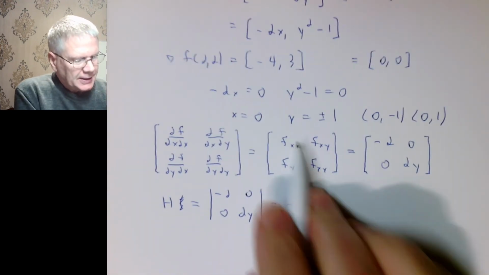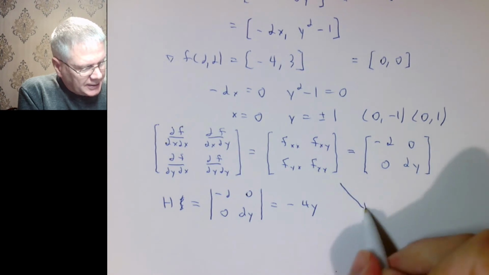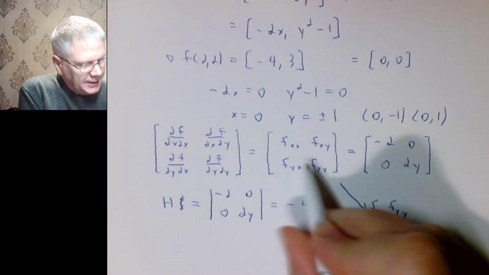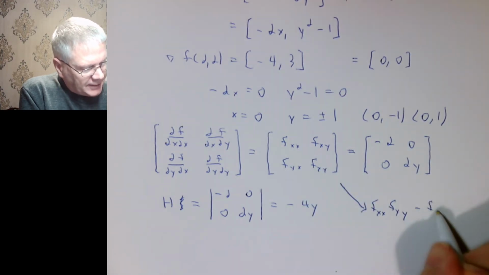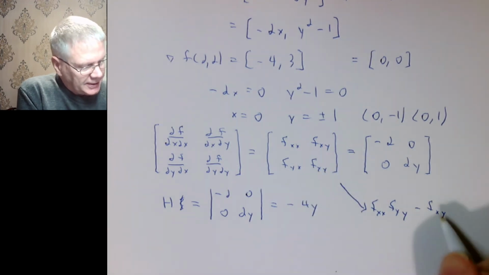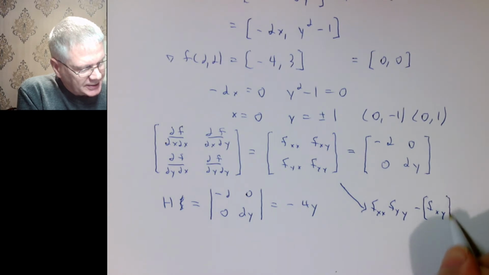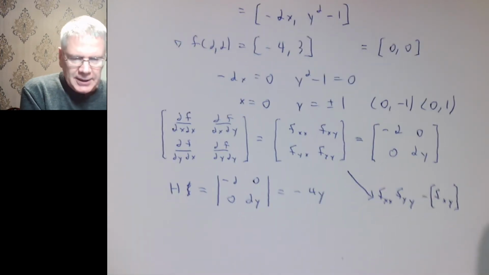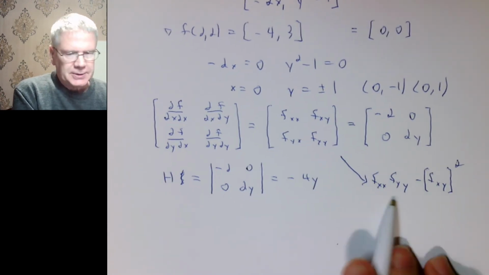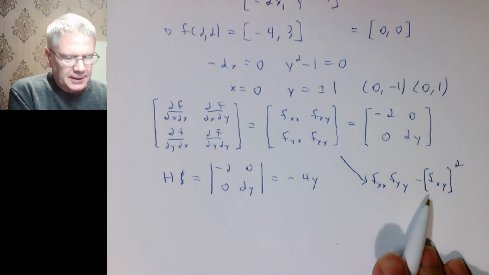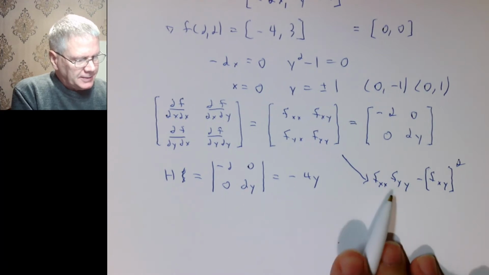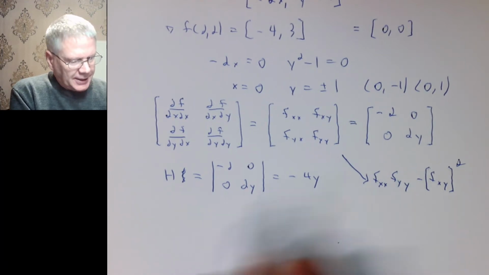Also, you can note if you take that determinant up here, you're going to get fxx fyy minus fxy fyx, but these are going to be equal except in unusual cases, for what we'll call nice or well-behaved functions. They're going to be the same, so I can square that. And this is what you'll often see in a calculus book. They may not go through the formality of the matrix and where it comes from. If we do it that way, we get our -4y.